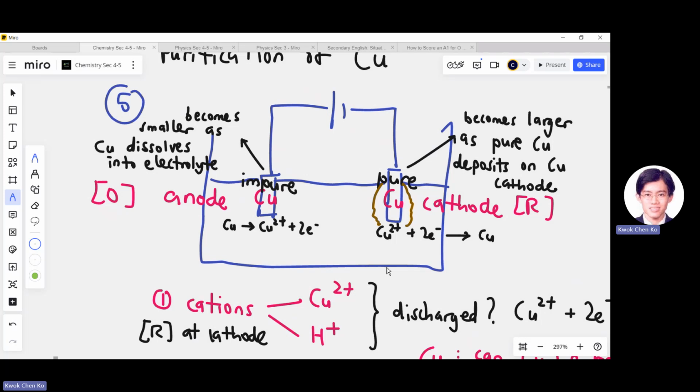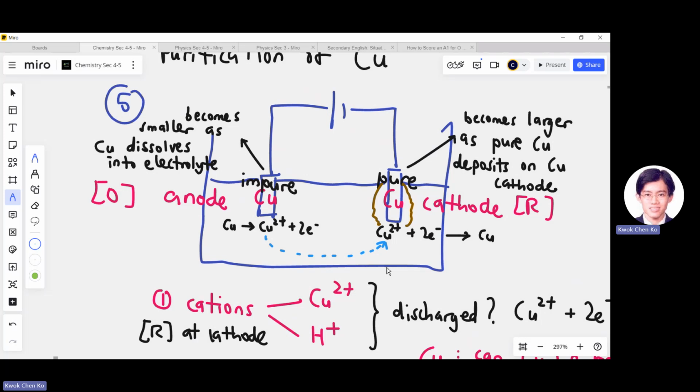So if you think about it, what is happening? From the anode my copper 2 plus goes into the solution or electrolyte, it actually migrates to the cathode. And at the cathode, this copper 2 plus goes back to become copper metal. So that is what is happening.